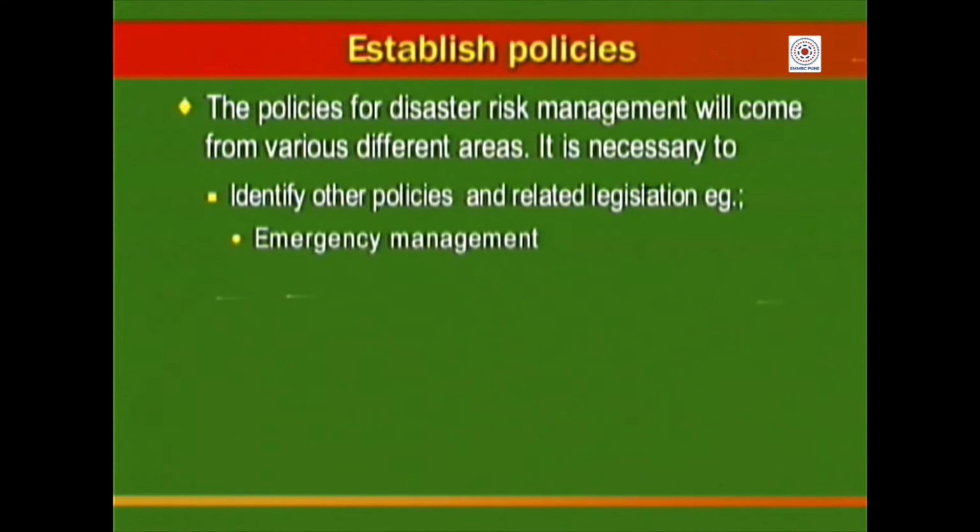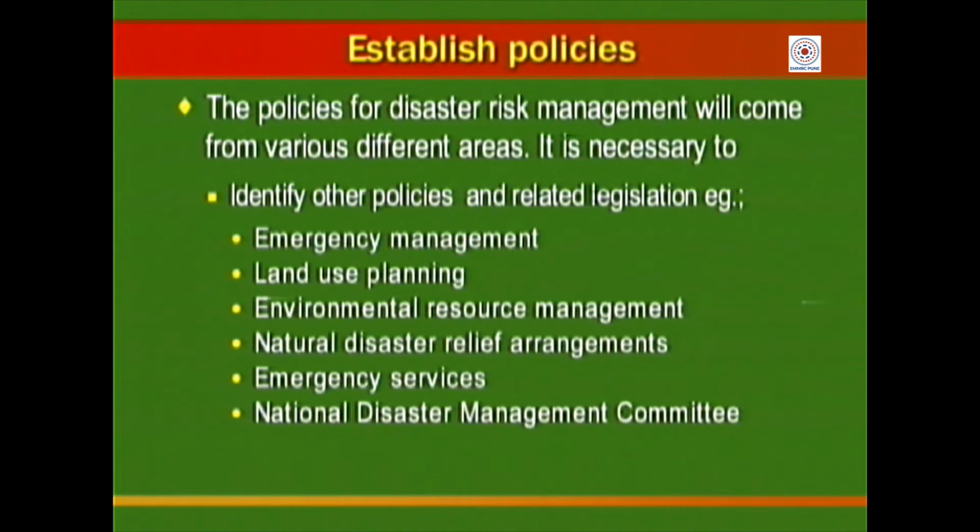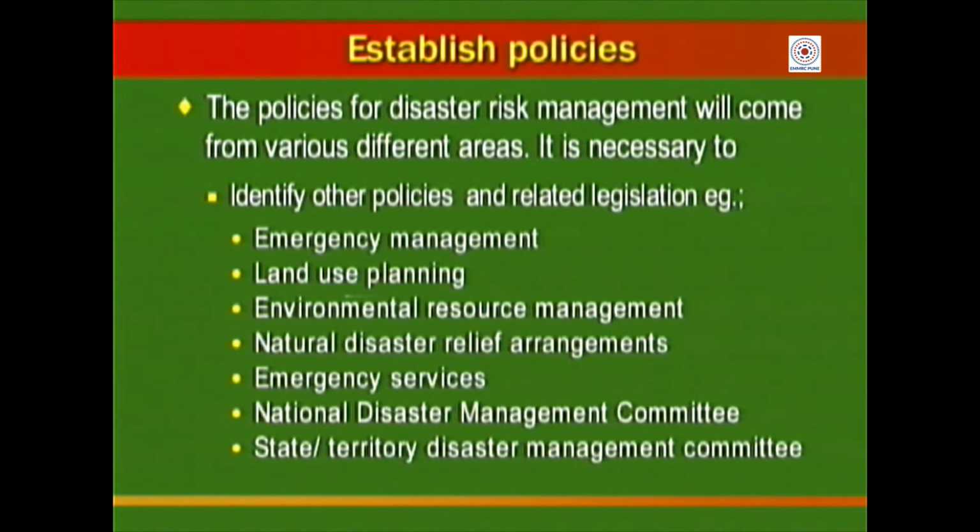For disaster management, your state or your district may have certain policies: land use planning, control of development, environmental resource management, natural disaster relief management and arrangement, emergency services, the national disaster management committee or a state or territory disaster management committee. So these are a few areas where you may look for your area specific disaster management plans and legislation. This will help in a big way.